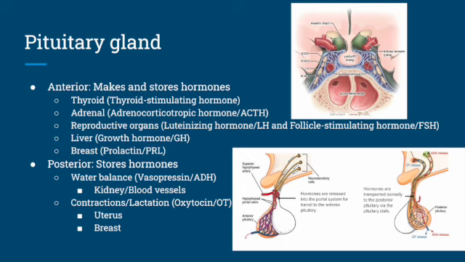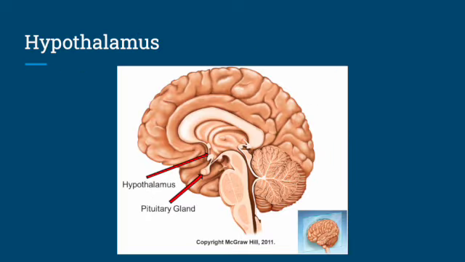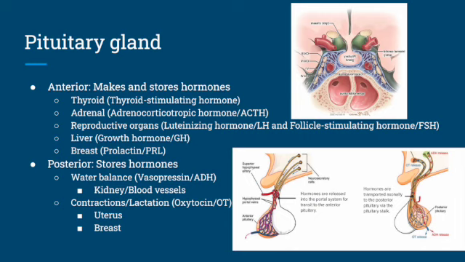Just for a reminder, this is the gland just below the hypothalamus. And when we think about this central location, it is able to be sort of like the high-level manager, if you think about the hypothalamus as the CEO of the organization here.